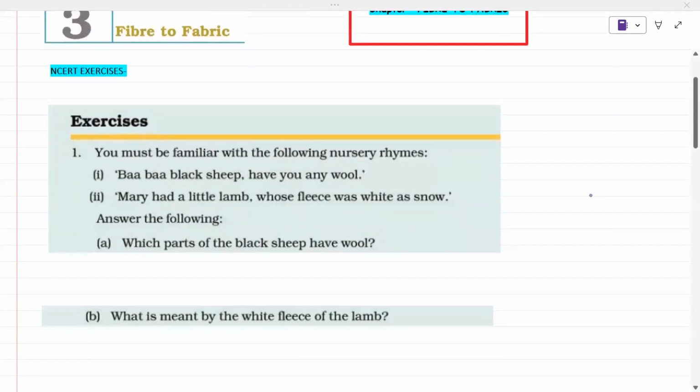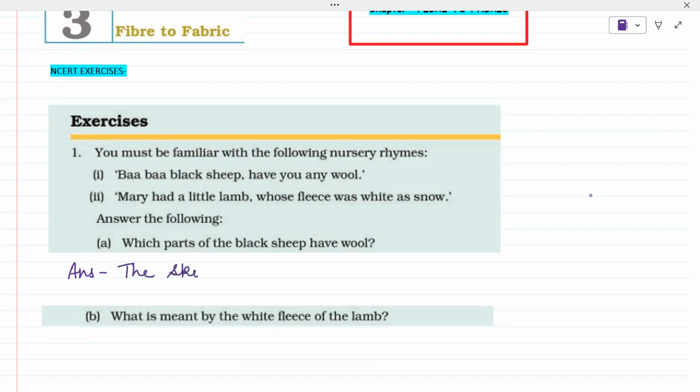Question number 1, which part of the black sheep has wool? So we all know that the skin of the sheep has wool. So what will we write in the answer? Let's write down the answer.